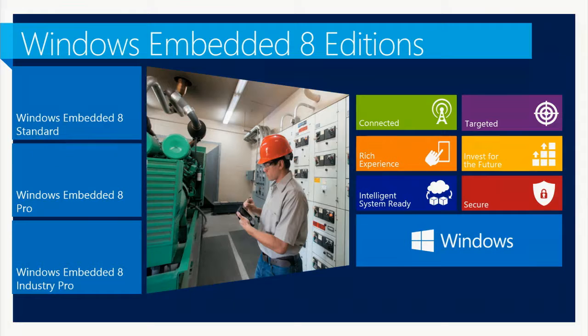And Windows Embedded 8 Industry Pro is an extension to POS Ready 7 that you have today. And Embedded 8 Pro is nothing but Windows 8 Pro made for embedded devices. So it comes with the full power of Windows 8 that you can deploy to an embedded device. So it has its embedded enabling features like write filters and everything else added on top of full-blown Windows 8 Pro.